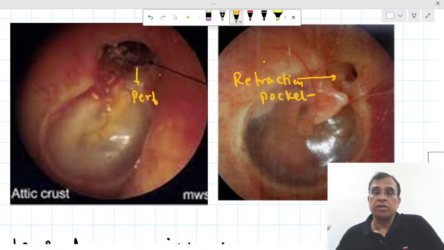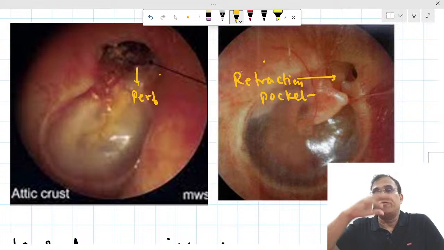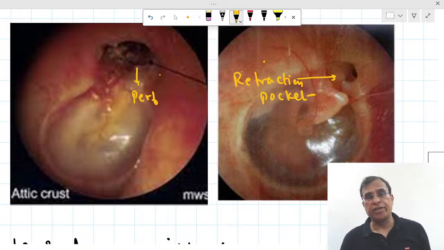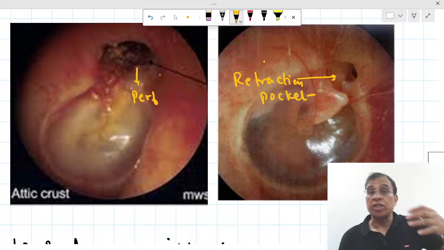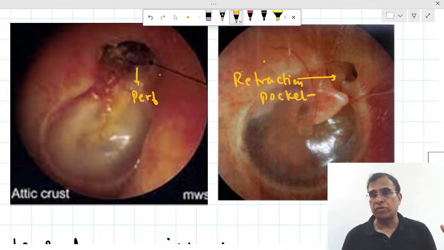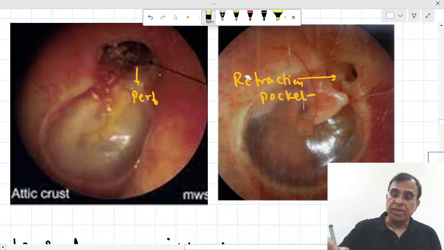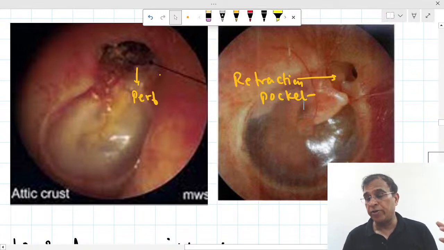Retraction pocket, as it says, is a pocket. There is a pocket, there is no perforation, and there is no cholesteatoma. Because there is no cholesteatoma yet, there is no destruction, because cholesteatoma is the one that causes destruction. Retraction pocket will form cholesteatoma, but it is not yet.